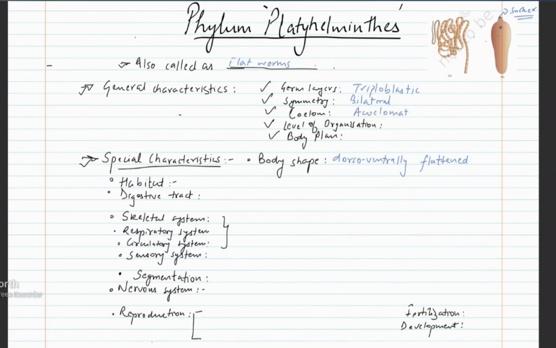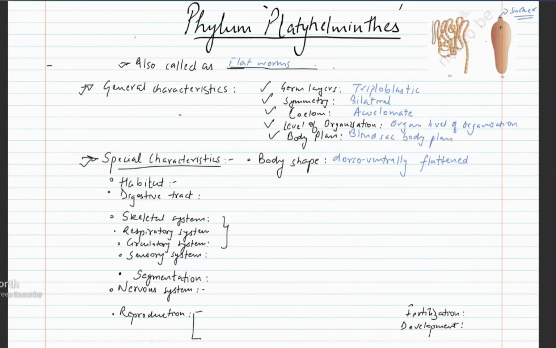There is organ level of body organization. And body plan is blind sac body plan, which means that there is only a single opening which acts as both mouth and anus.